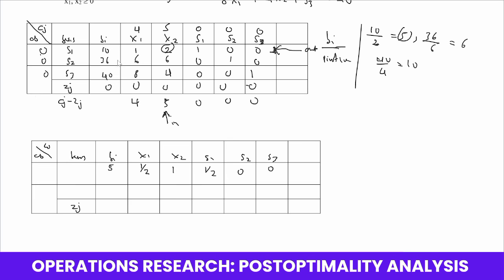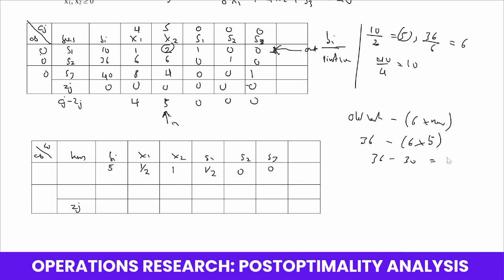Then we come to the second row. That one, you use this formula: the old value minus the corresponding value here in the pivot column, that's 6, times the new value here. So the old row value here is 36 minus 6 times, what's the new value here? 5. 6 times 5 is 30. So we have 36 minus 30.